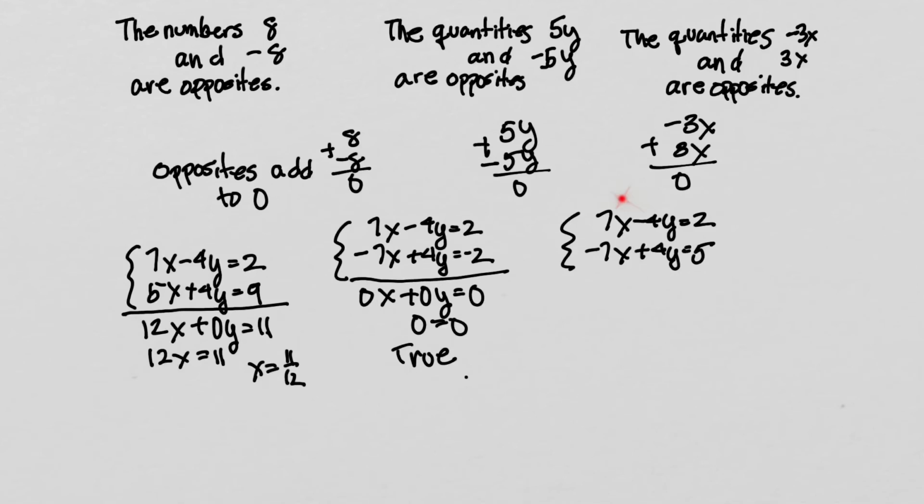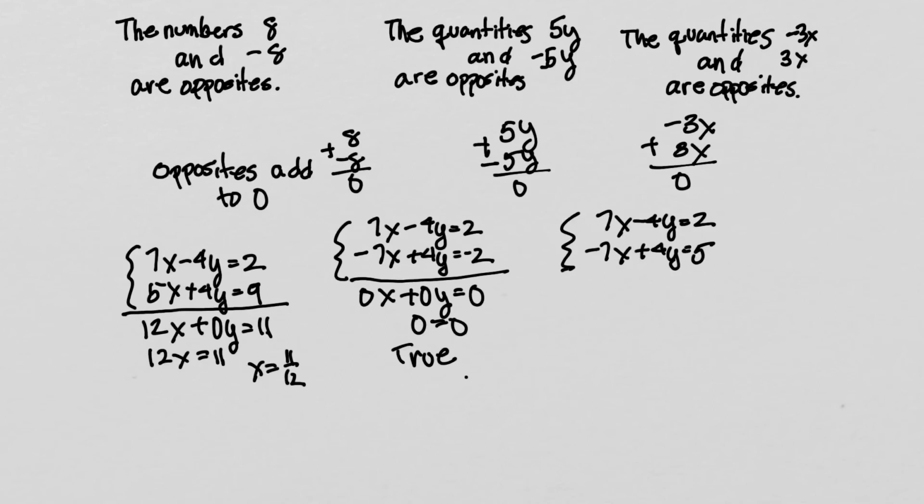Now let's move over to this last system, and notice we're going to add these together. As in the last one, the coefficients of the x's are opposite, the coefficients of the y's are opposite, but these constants over here are not opposites.